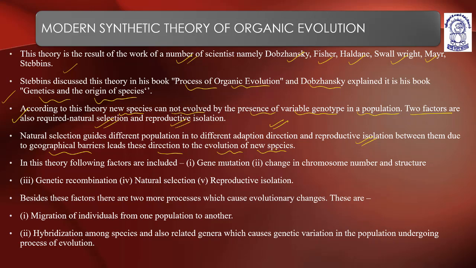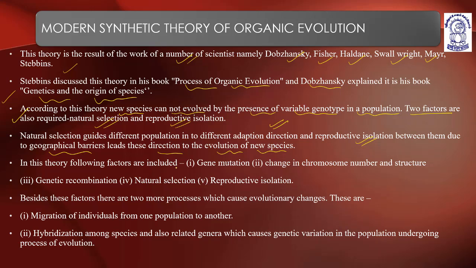The members of different populations come up with certain changes which give them a survival advantage, and reproductive isolation, through geographical barriers, leaves them only one way to reproduce and form new species.